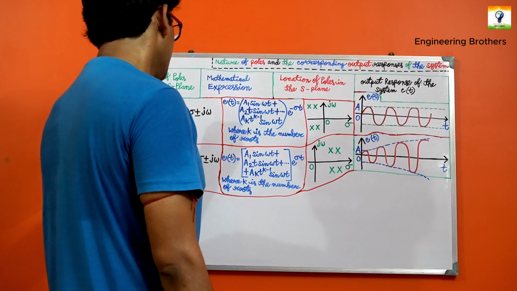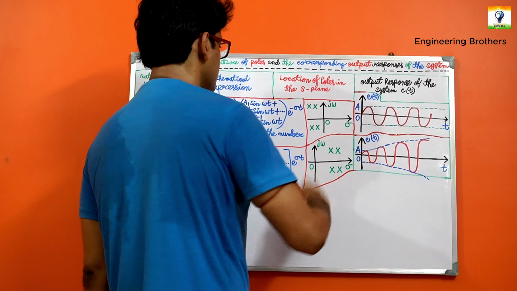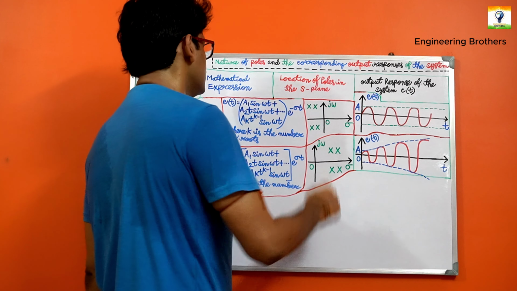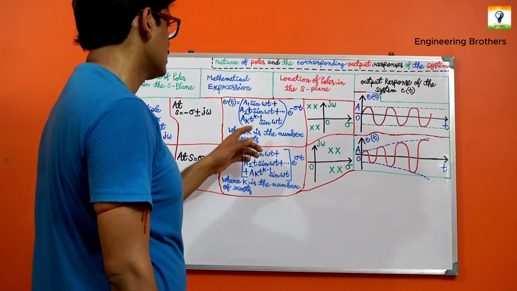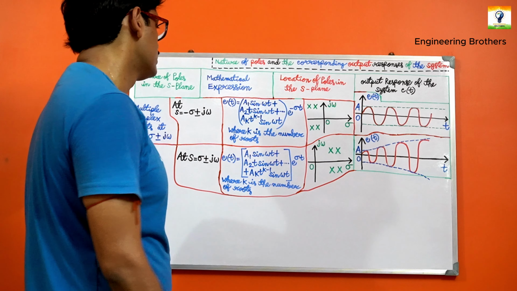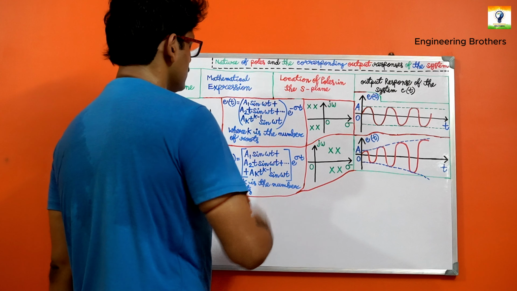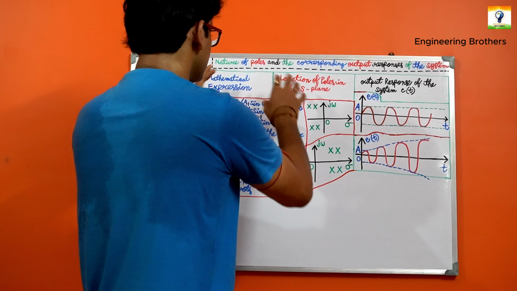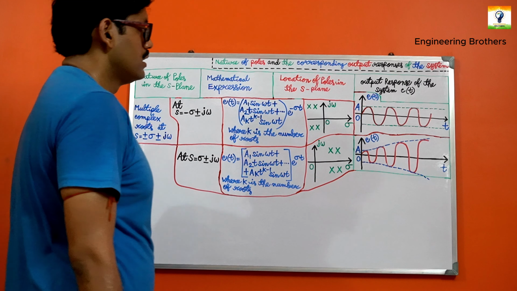Because of that, the mathematical expression will be a1 sin omega t plus a2 t sin omega t plus dot dot dot, up to ak t to the power k minus 1 sin omega t, where k is the number of roots.